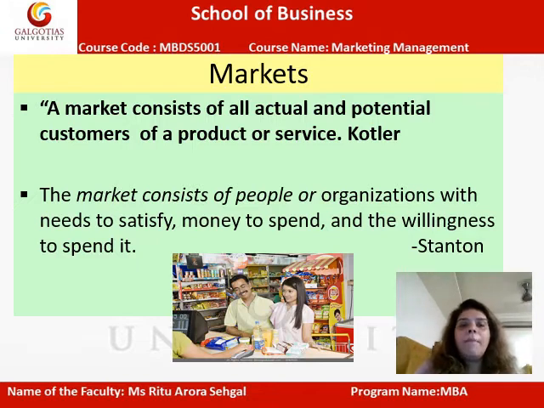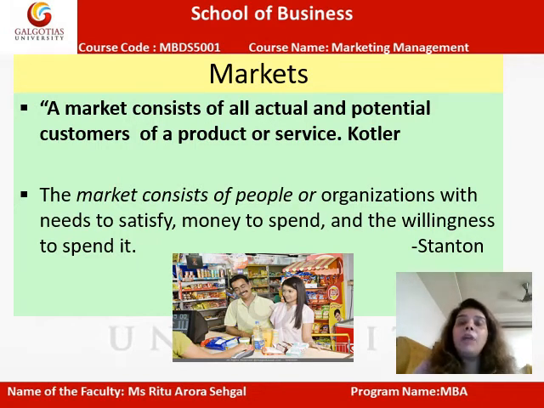We all know that a market consists of all actual and potential customers of a product or a service. Now let's understand actual customer and potential customer. I'll give you a small example, and then probably we will understand better. Sometimes there is an actual customer in the market who has the paying capacity, and you as an organization introduce a product or a service into the market, and you know that this is the lot which is going to buy my product and avail my services.